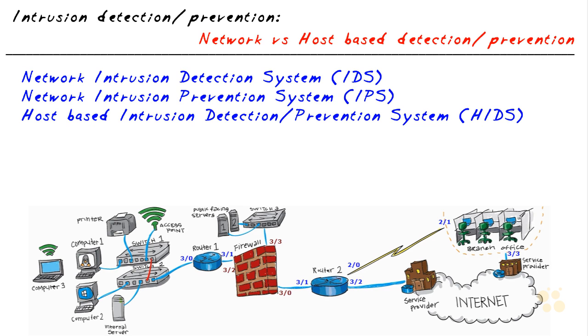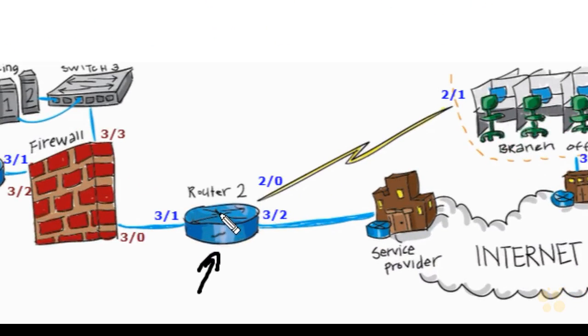And if we take this concept of intrusion detection / prevention one step further, why not integrate it in devices that are already in our network? For example, maybe we integrate the intrusion detection / prevention system into an existing router. And many vendors have that functionality, or even better yet, why not integrate that function of the IDS / IPS, depending on which way we want to go, inside of our unified threat management system?